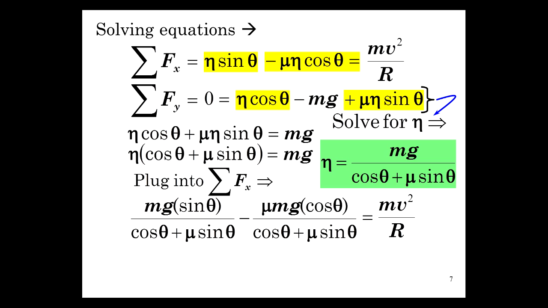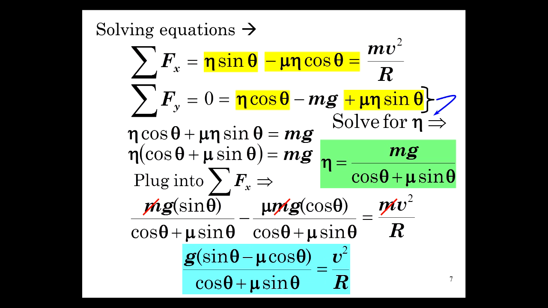Okay, so that's mv squared over r. And this simplifies down again, and we get this expression. Very similar to before, except for the signs involved, and that makes a big difference. So that is a good introduction to some important special cases for circular motion and banked curves.